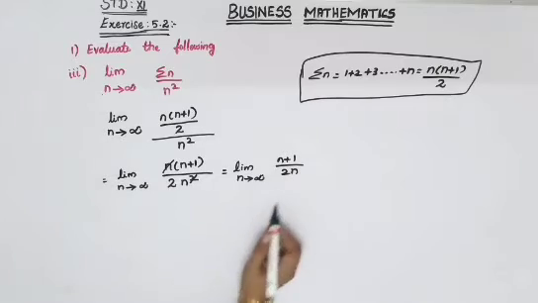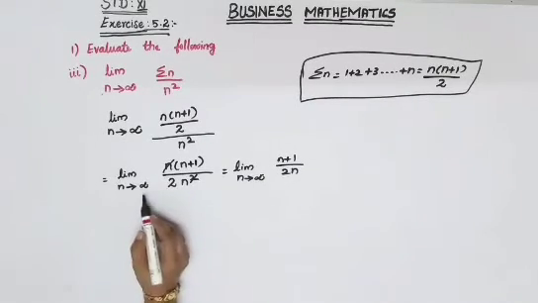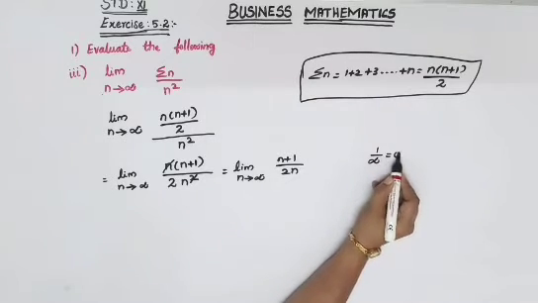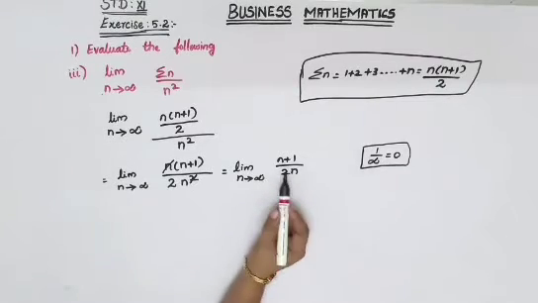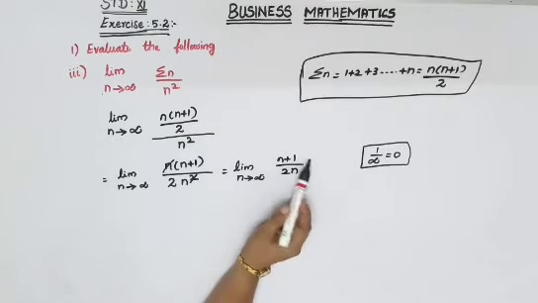Now again n is in the numerator. I have told you 1 by infinity is equal to 0. In the previous sum also we would have done it. There you had x and here you will have n. You have to bring this n to the denominator. So what you have to do is multiply and divide by n in the numerator.